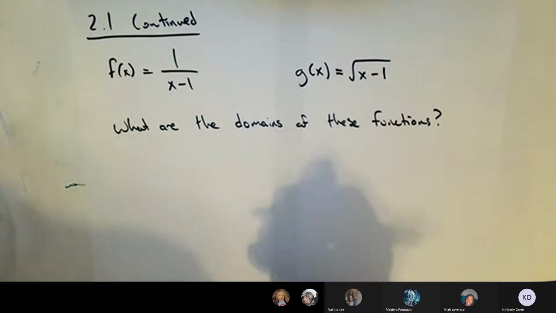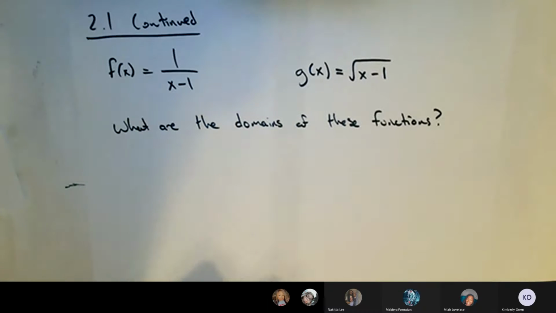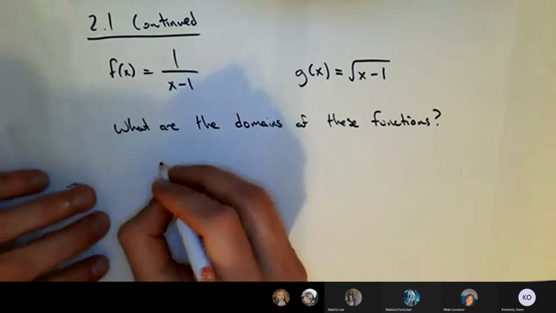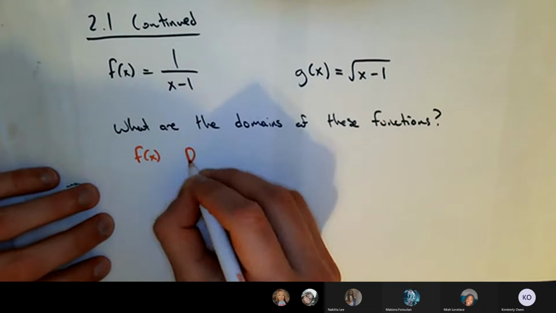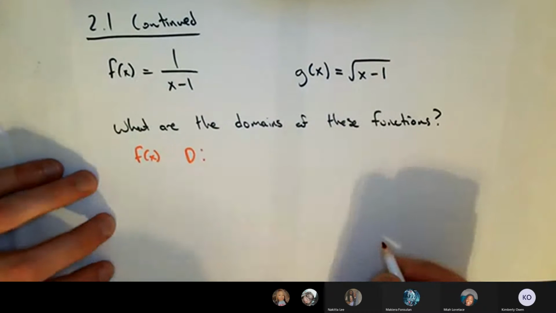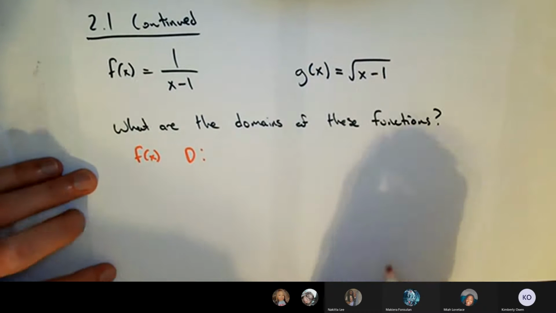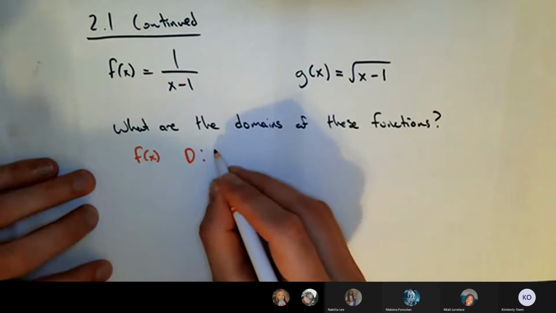Okay, so what are the domains of these functions? Recall that the domain of a function is the set of input values, denoted by x, that are allowed to be plugged into the function. So for f of x here, its domain is going to be all real numbers except for one in particular.